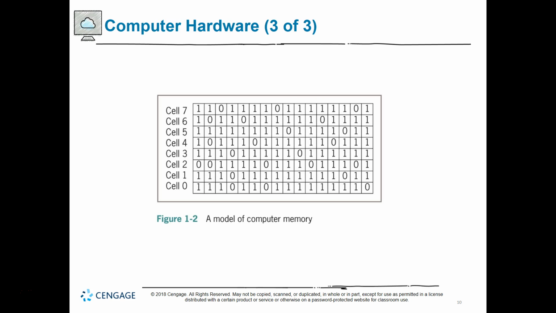So our computer thinks this is what memory looks like. We have buckets, and those buckets hold a set of zeros and ones. In this particular case, the way this is set up, each cell holds 16 zeros and ones. Typically, the models will be either 8 or 16 bits.